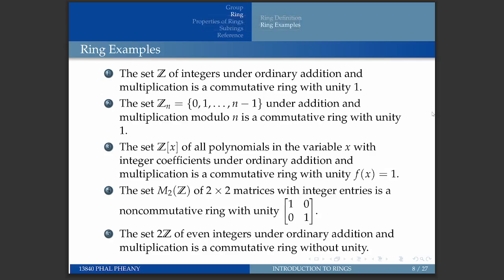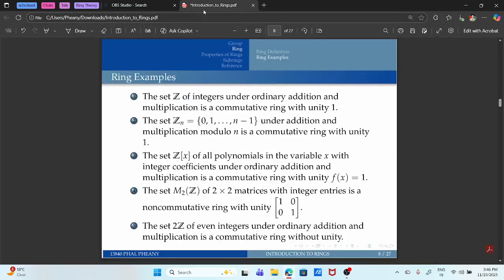So now let's start with some examples of rings. The first example is the set of integers under ordinary addition and multiplication, which is a commutative ring with unity. Suppose we have elements A, B belonging to Z, then A plus B equals B plus A. Yes, it is true in general.